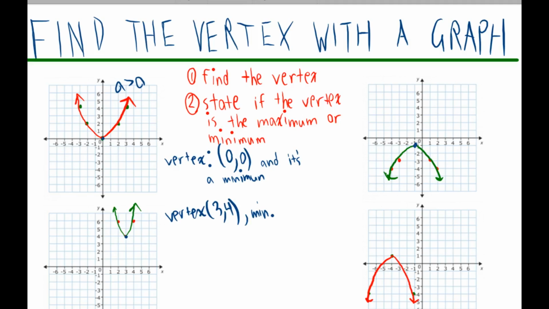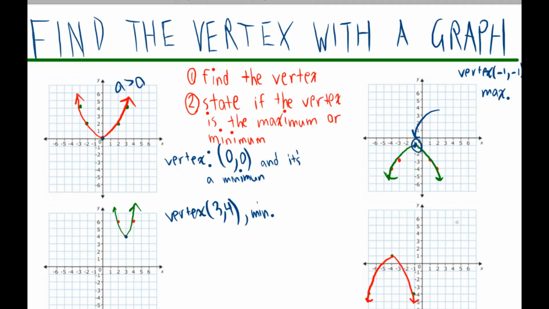It's -1, -1. The vertex, -1, -1. Okay. And we already know that this vertex here is the highest point. So anything beyond this point on this graph is just lower than this point. So it's going to be a maximum.